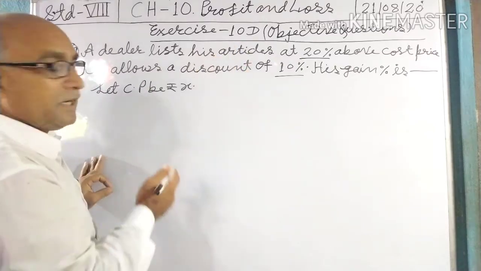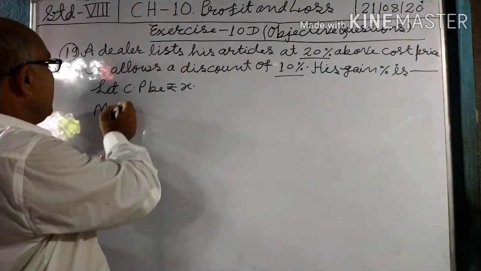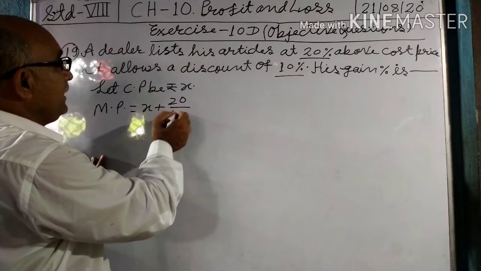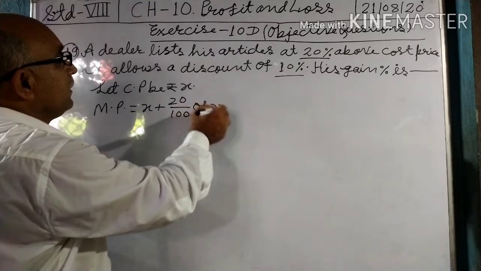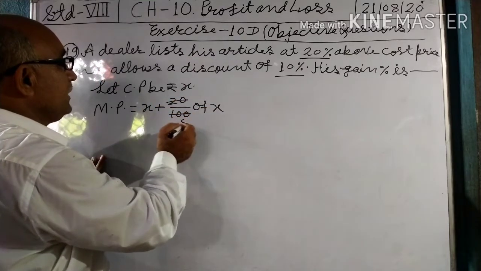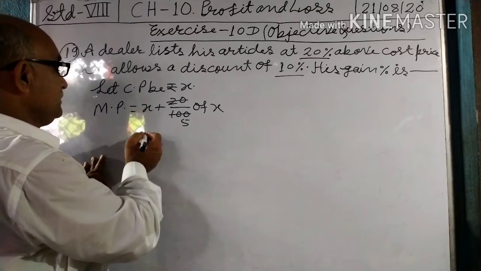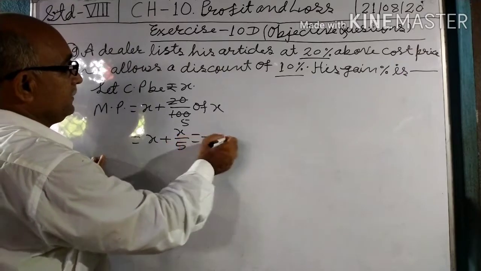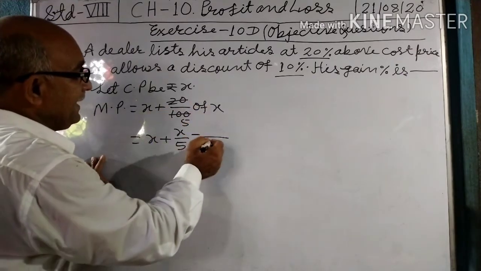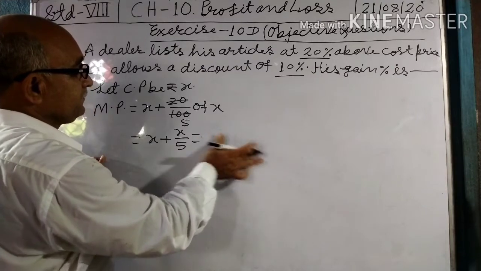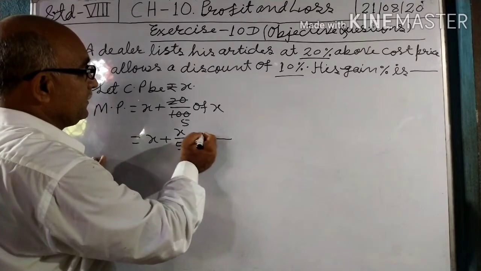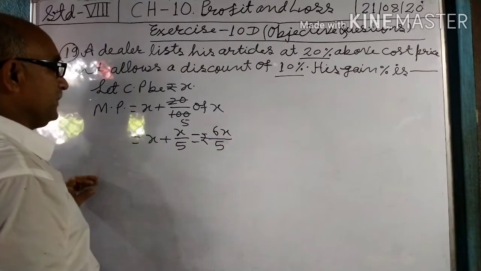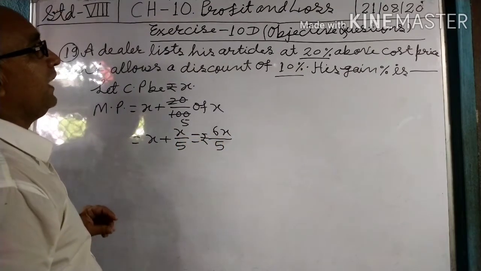MP is 20% above the cost price. So MP equal to x plus 20 by 100 of x, that implies x plus x by 5. Taking LCM 5, 5x plus x, 6x by 5. MP is 6x by 5.